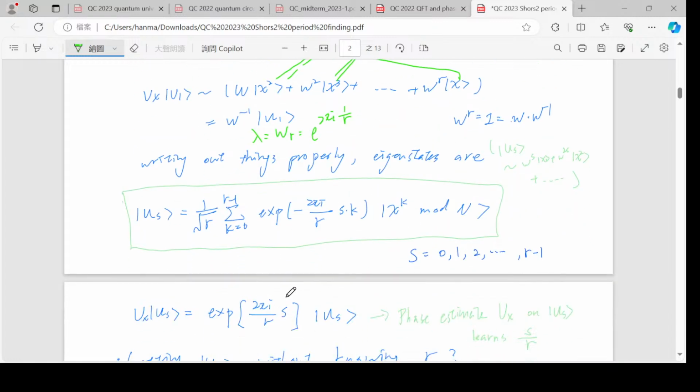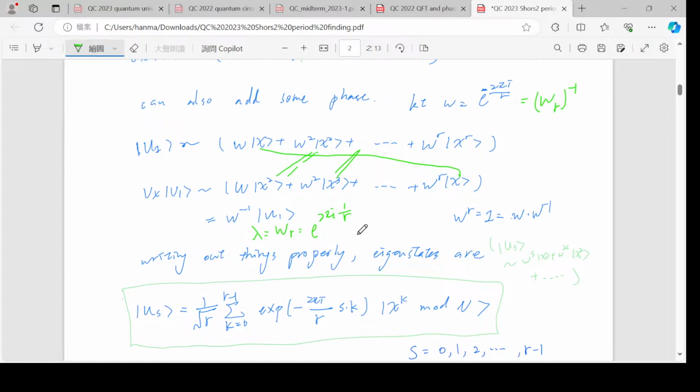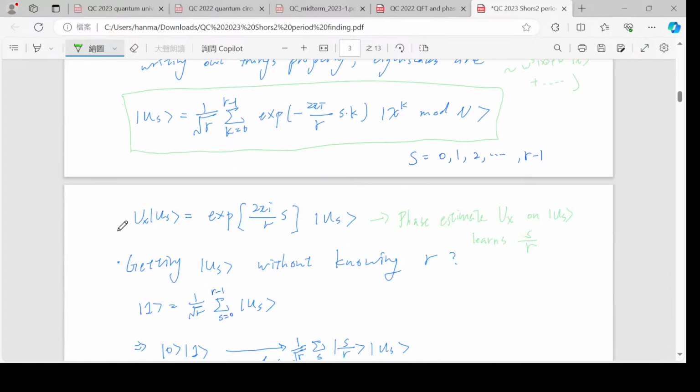So there are different s and there are different k here, just like here. And you see that the phase you get here is omega sub r to the s power.